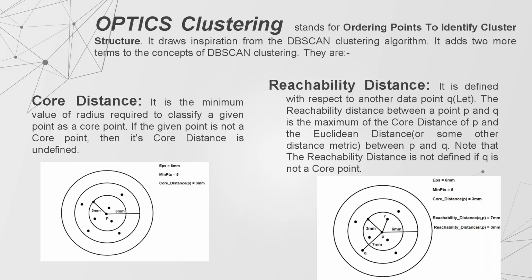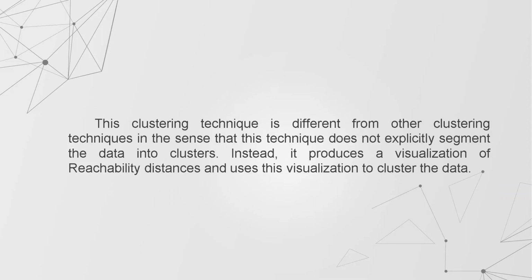Note that the reachability distance is not defined if q is not a core point. This clustering technique is different from other clustering techniques in the sense that it does not explicitly segment the data into clusters. Instead, it produces a visualization of reachability distances and uses this visualization to cluster the data.